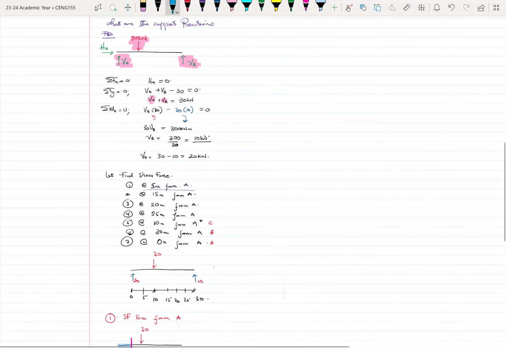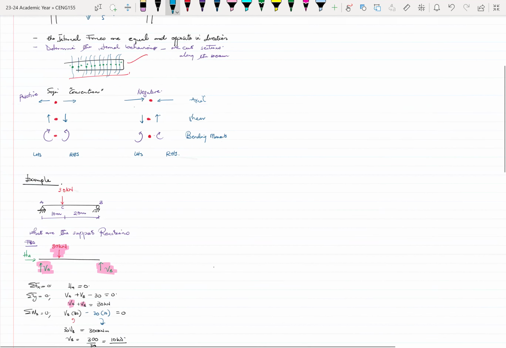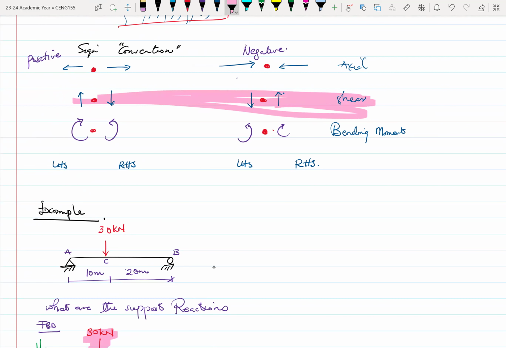Now let's go back to our sign convention and see something. Okay. So here our focus is on the shear. So we are looking at only shear, right? Oops. This is a terrible way to shade. So we are looking at shear.